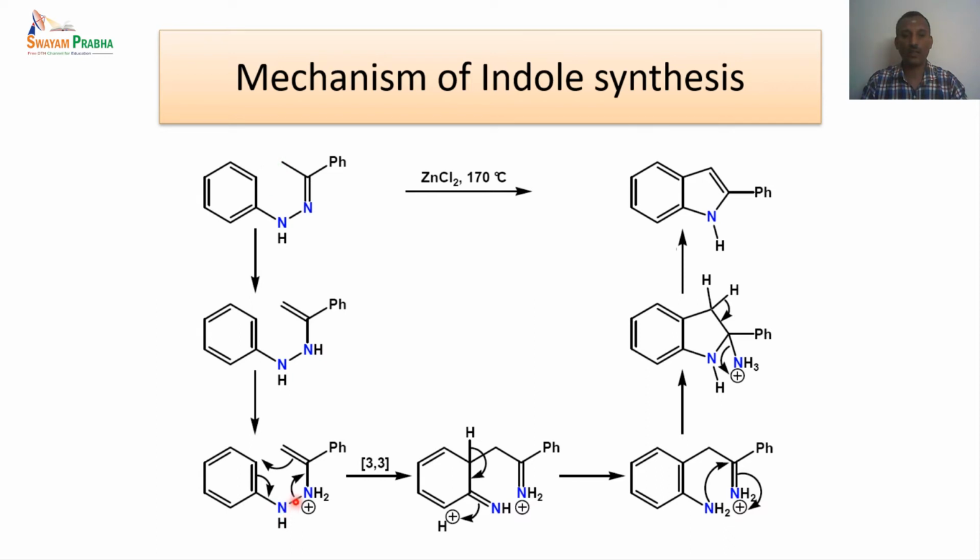And then a cyclization-like step happens here. The movements of electrons are shown here. Here again one more proton is added, because here we have the NH, which is neutral.